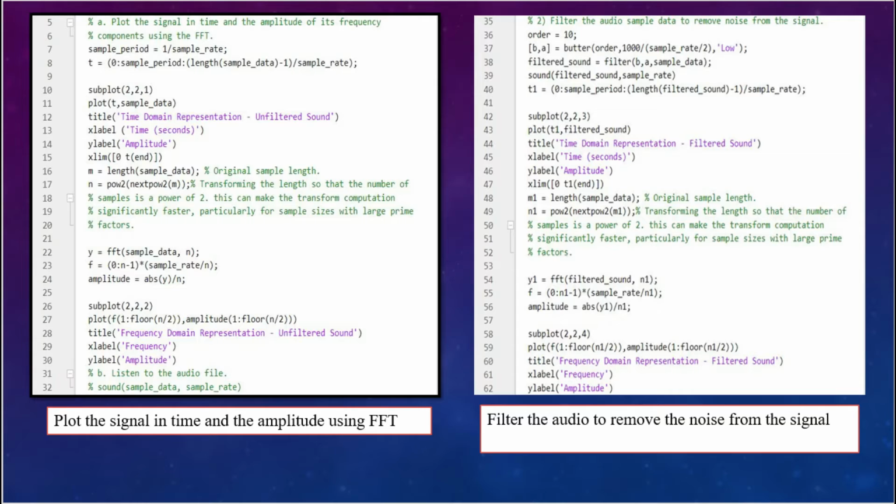Next is spectrogram. Its function is to identify the desired signal, unwanted sinusoidal signal and noise signal. For the description, it is used to identify the data of sample data and the sample rate. Sample data is the input signal and sample rate is the sampling frequency.